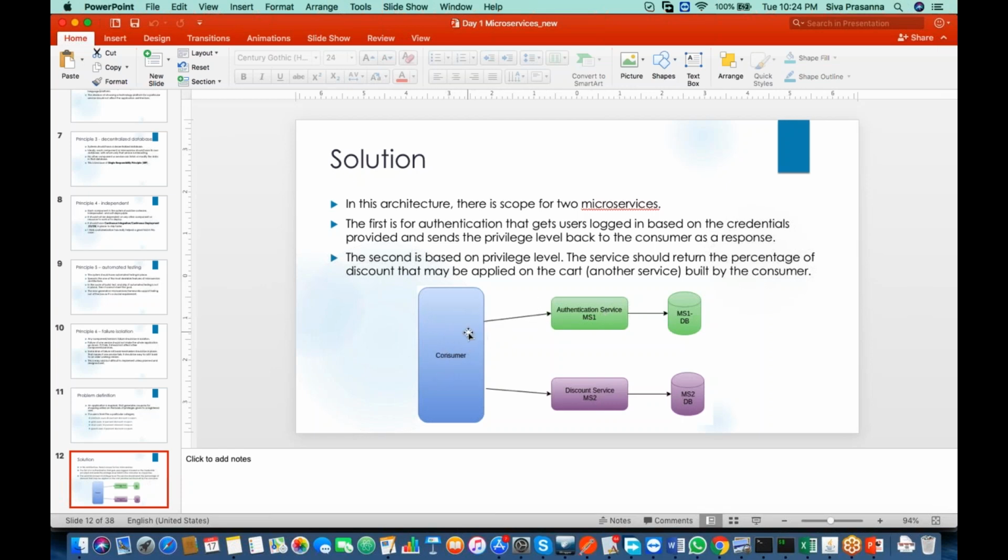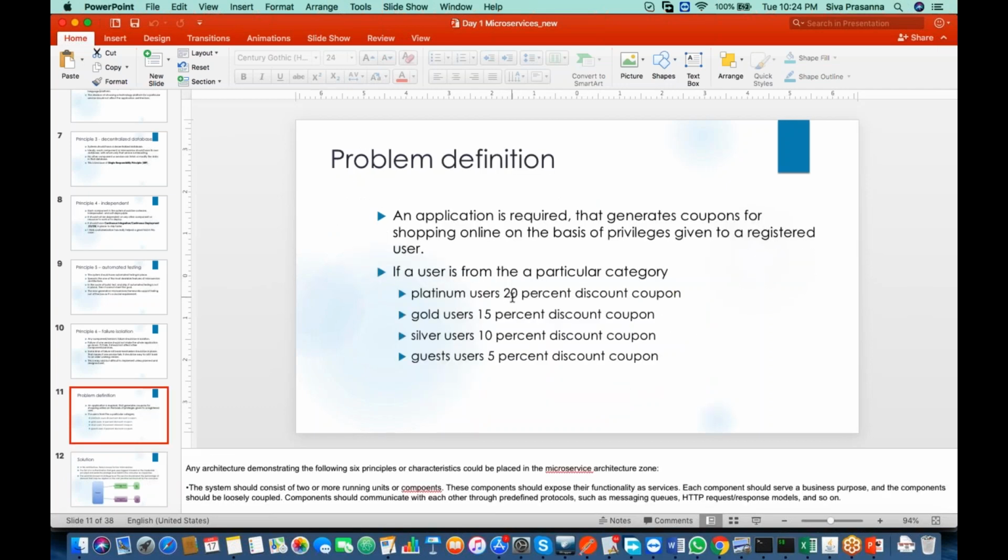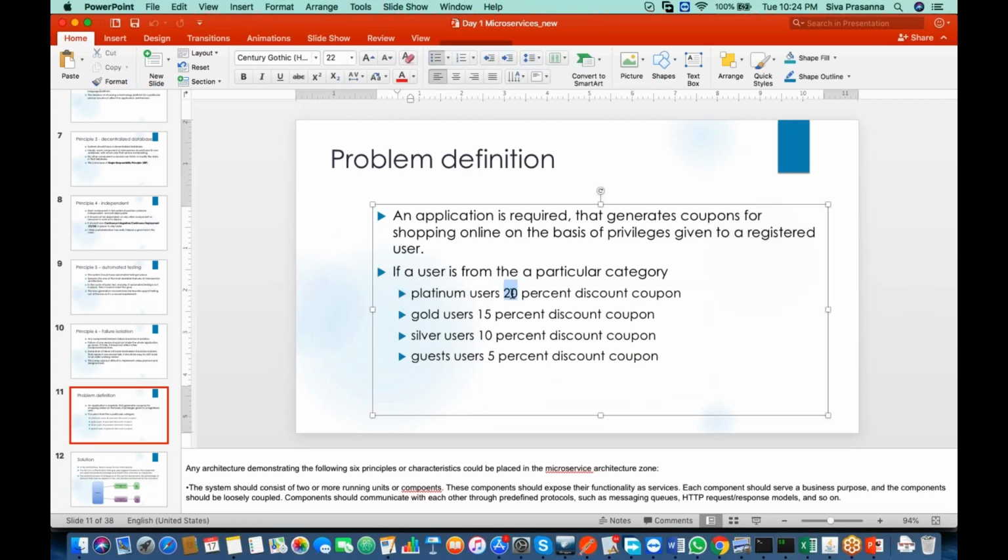Once you have the privilege level, you forward it to the discount service, and the discount service responds with the amount or percentage of discount, or the coupon code he is supposed to use. If he's of platinum type, the coupon code will automatically give 20%, if it is gold type, the coupon code will give 15% discount, and if it's silver type, the coupon code will give 10%.